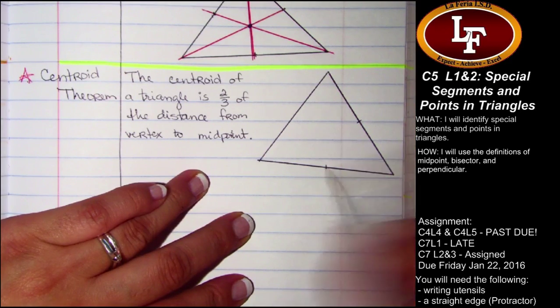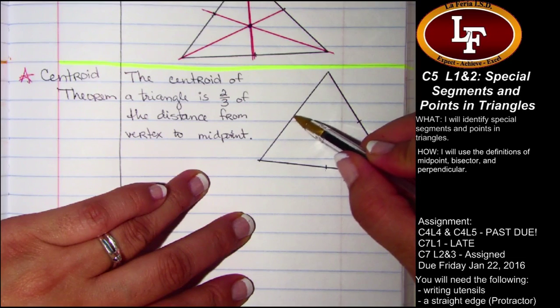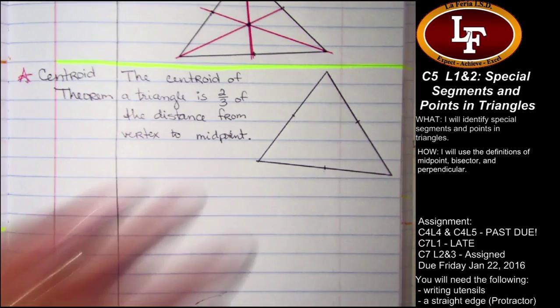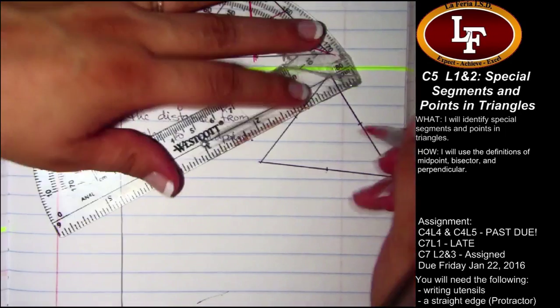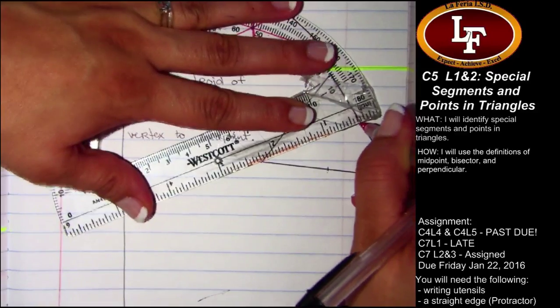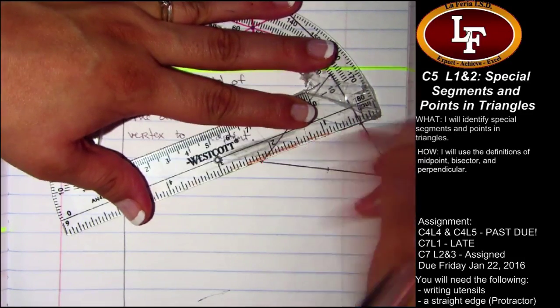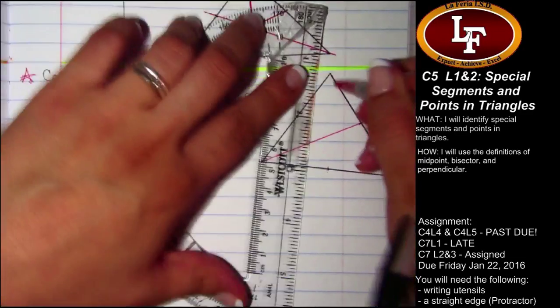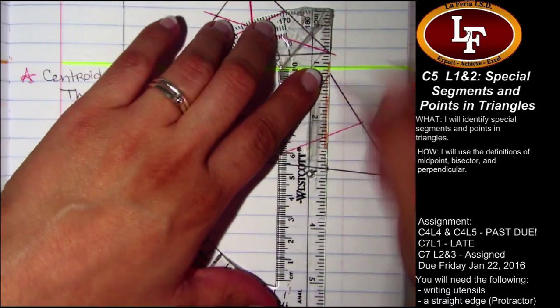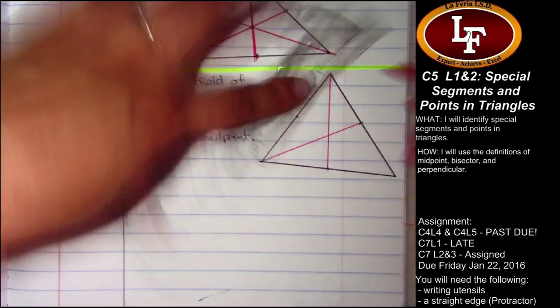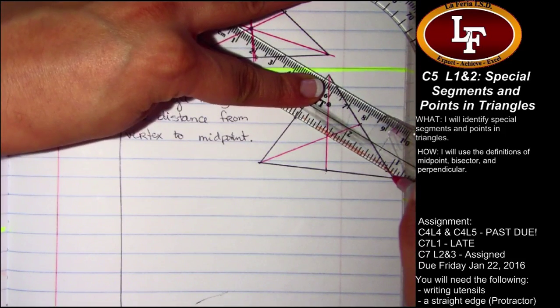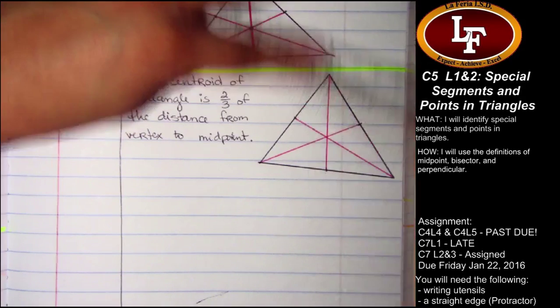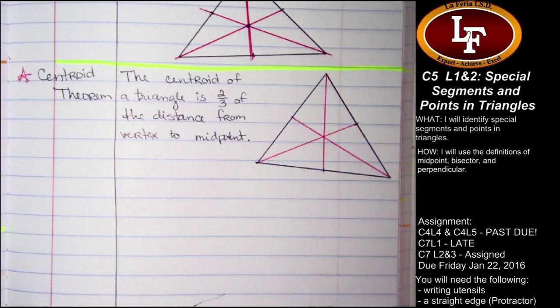I'm just guessing where the middle point is. Okay. Yes, yes, yes. Got it. And then because these are medians, I'm connecting them to my vertex. And I'm doing that for each one. Oh, snap. It's perfect. Awesome. I did it. All right.